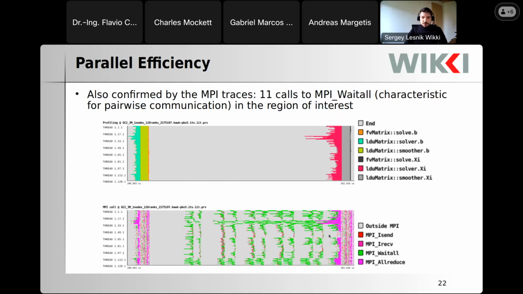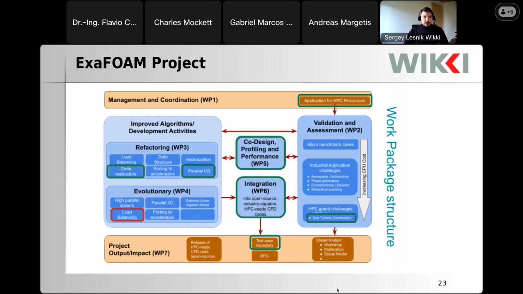So if you could balance the work and gain this time into the computation, that would be great. And this is what Henrik Rusche will talk about. This task was in work package 4 and dealt with load balancing. So Henrik, the stage is yours.